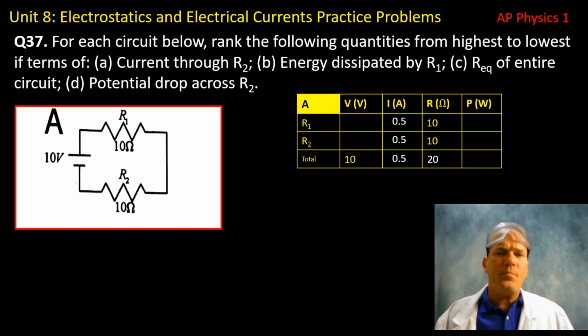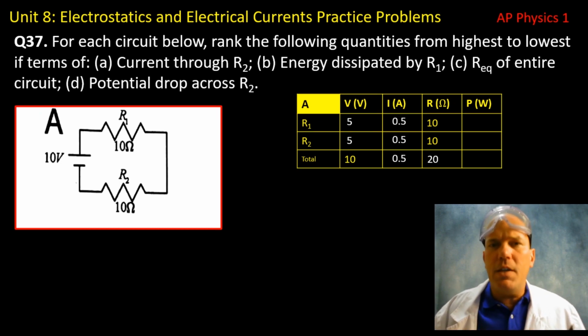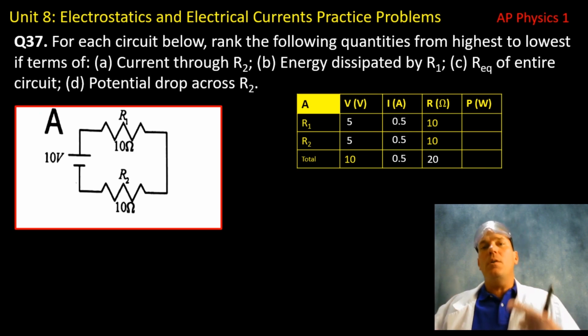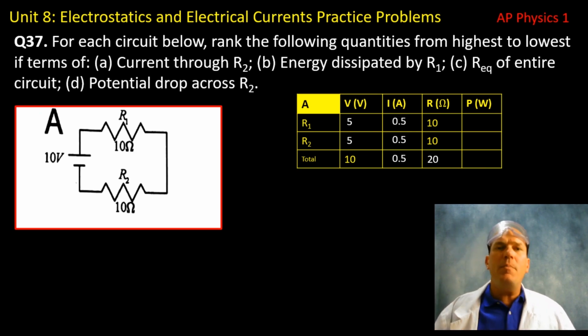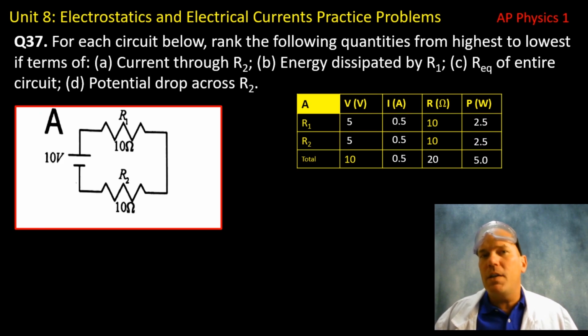Using Ohm's law, we can calculate the voltage for R1 to be 5, R2 to also be 5, and using Kirchhoff's loop rule, energy is conserved, so we can simply add the voltage drops across R1 and across R2, and the sum of those will equal 10 for the total volts across the circuit. Lastly, you can calculate the power by taking the current multiplied by the voltage and get these values.